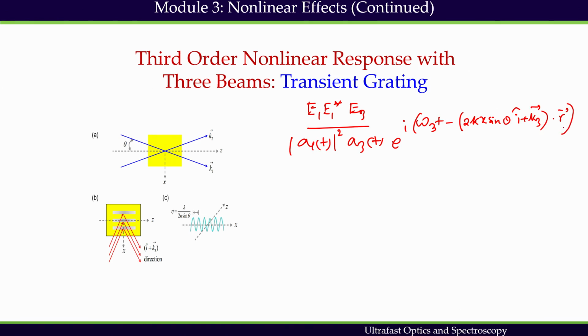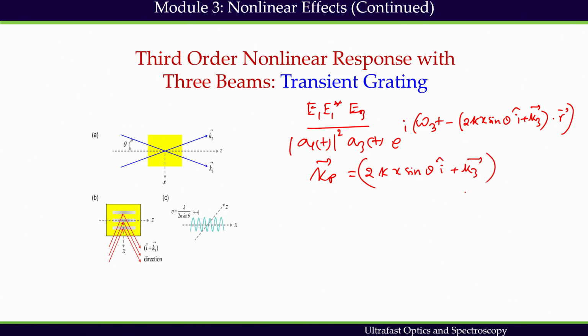This is the way the total polarization would behave, and this polarization wave vector kp can then be written as 2k x sine theta plus k3.